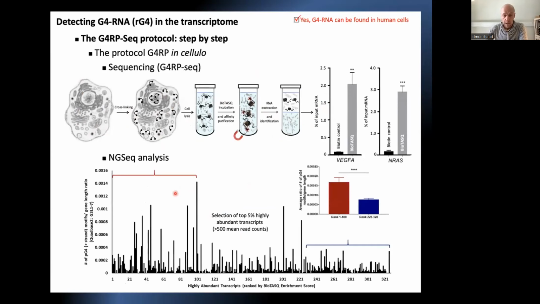Again, I won't enter too much into the detail, but here you have the 300 ranked transcripts analyzed by sequencing, and we analyzed the G4 content of the top 100 and the ones ranked from 228 to 328. And clearly the G4 content is higher in the more enriched sequences, which means that yes, G4 RNA can be found within cells.